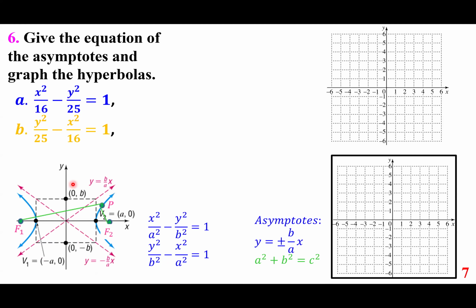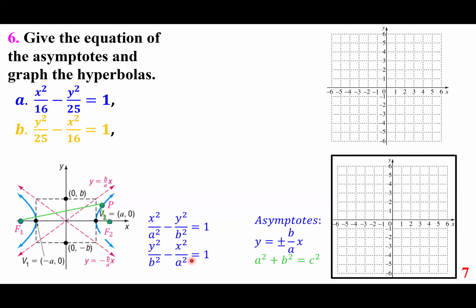Here's the general shape of a graph of a hyperbola. Here are the asymptotes. x squared over a squared minus y squared over b squared equals 1, or y squared over b squared minus x squared over a squared equals 1. What I want to make a point of is that I keep the a squared under x in both cases.